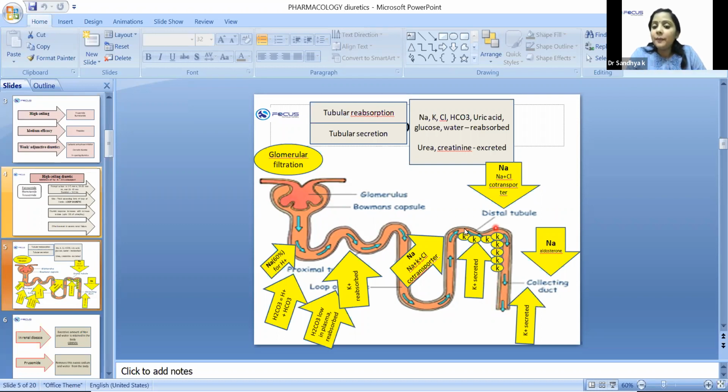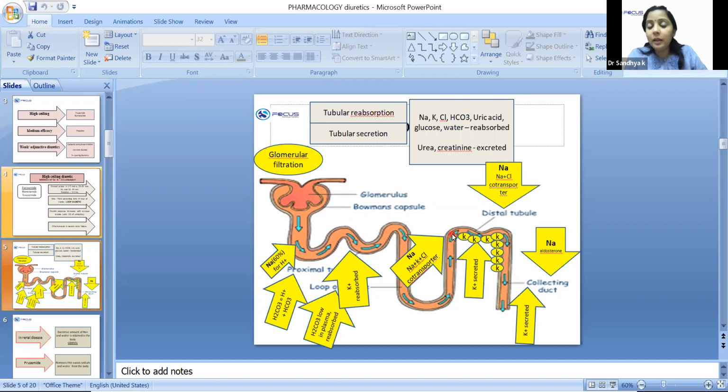Now what happens is, when the fluid reaches the distal tubule or collecting duct, if there is an excess amount of sodium in the fluid, sodium will be reabsorbed into the body and the potassium present in the lining cells will be secreted into the lumen. Normally, by the time fluid reaches the distal tubule, a large percentage of sodium has been reabsorbed.